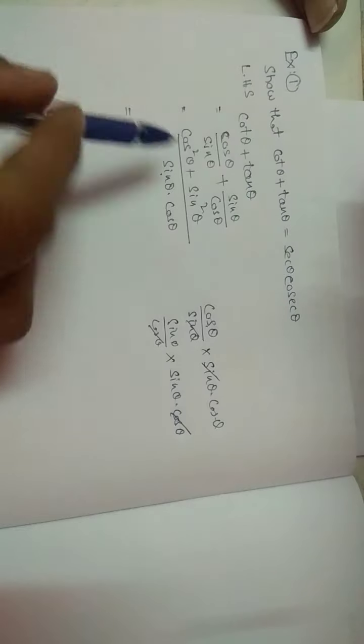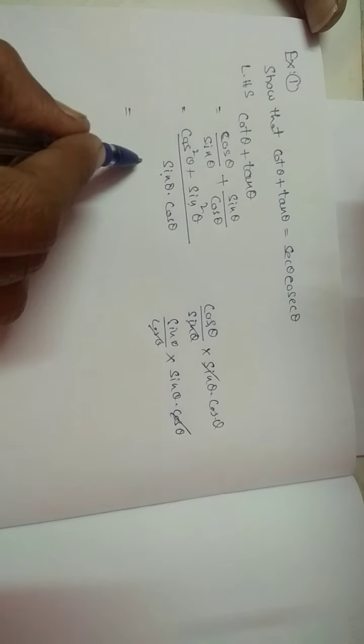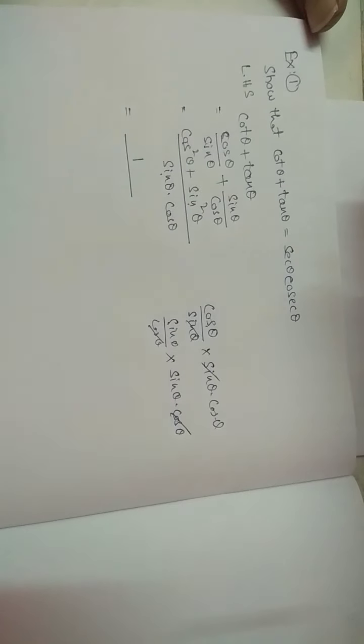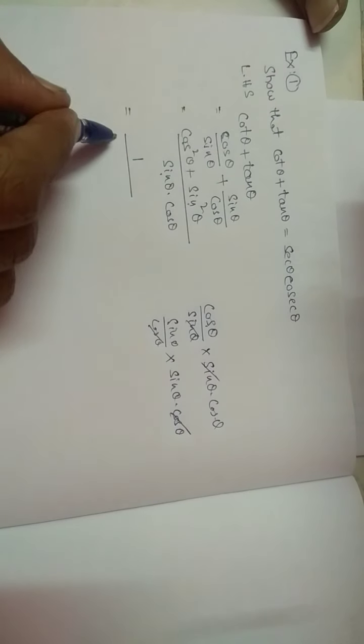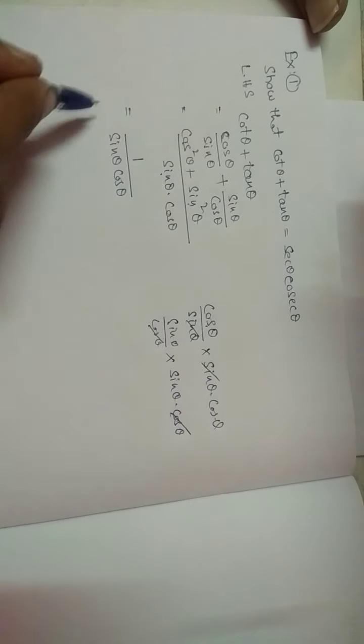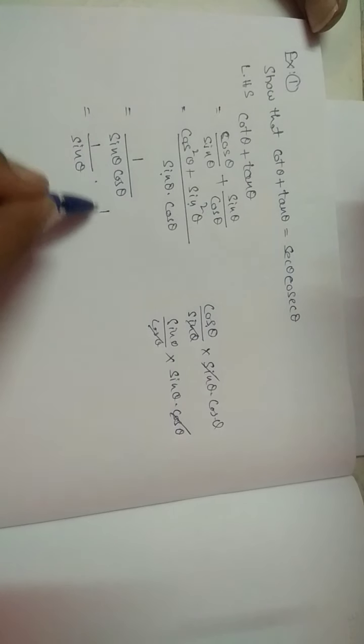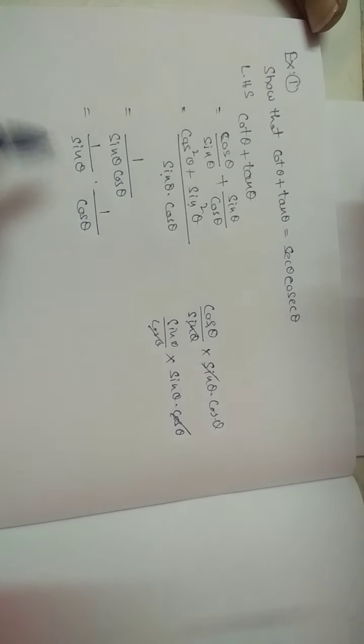So this can be written as cos square theta plus sin square theta, which is equal to 1. Already we know that formula. Now 1 over sin theta into cos theta.